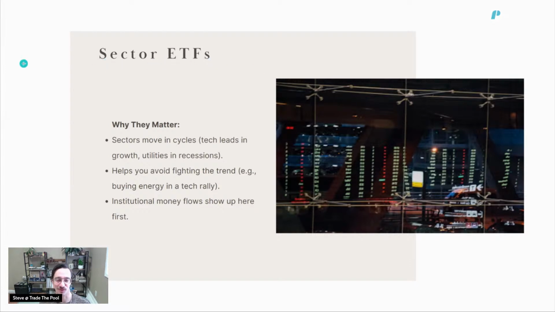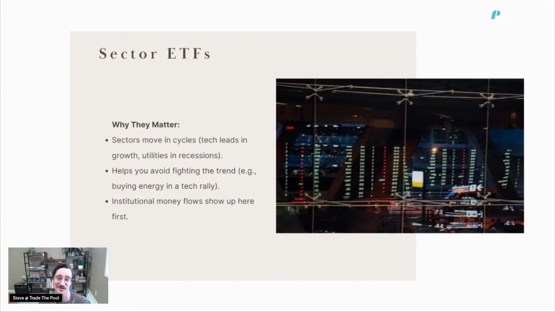Sector ETFs here, why they matter. Sectors move in cycles, so tech leads in growth, like when we're in a growth, risk-on environment. In recessions, things like utilities or the staples that we mentioned, tobacco stocks, those are going to lead the way up. If you look at Philip Morris, PM, it looks like a chart of gold or something, which again is a risk-off asset to some degree.